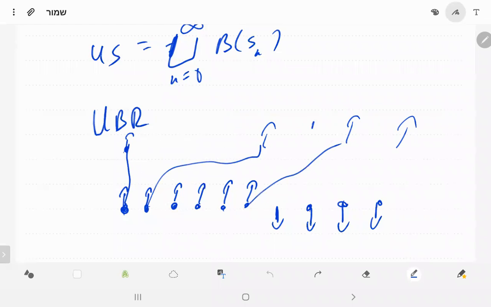I can connect an upper arrow to a lower arrow and a lower arrow to a lower arrow. Oops, no, I didn't do it well. I have such morphisms that will look like a braid, and each time two things intersect, I have to specify who goes above and who goes below.